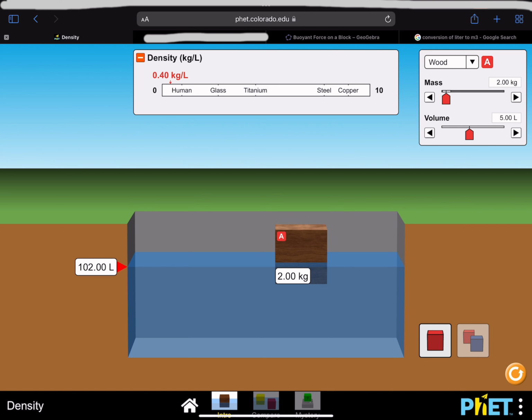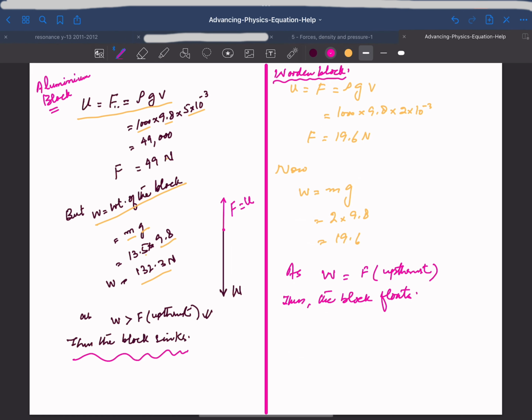So 2 liter is the displacement of the volume of the liquid, or you can say 0.002 meter cube. So when you do the calculation for this block, the upthrust is nothing but rho g V, 1000 times 9.8 multiplied by the volume displaced, and the force you get is 19.6. This is the upthrust.